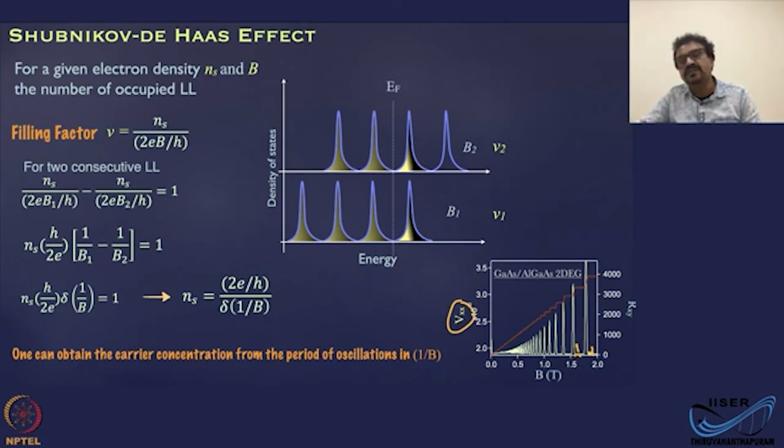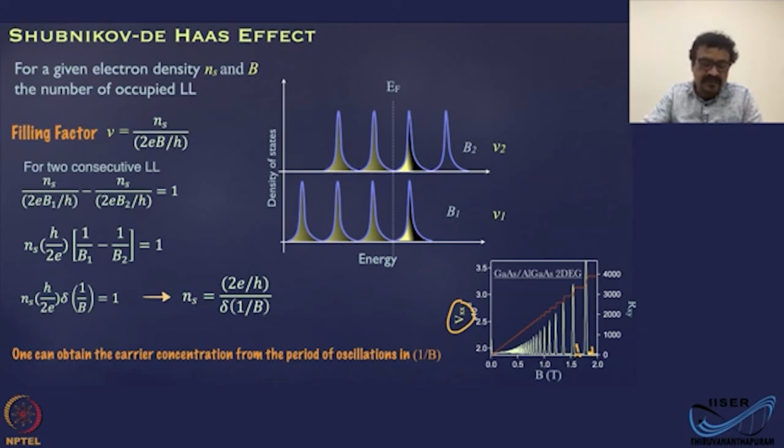oscillation. Now, from this filling factor equation, this refers to situations where the filling factor differed by 1. So Ns by 2eB1 will have higher filling factor 3, and this will have higher filling factor 2. As per this picture, the difference will be 1.